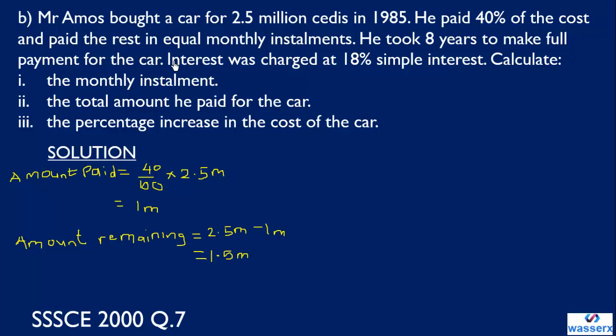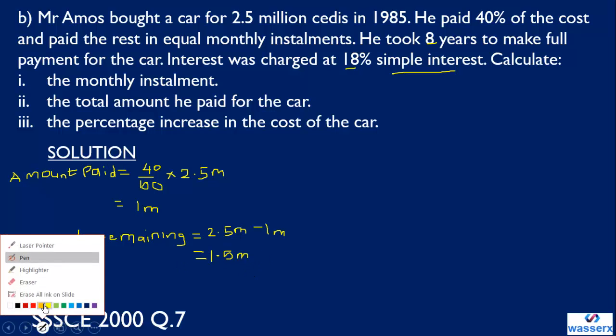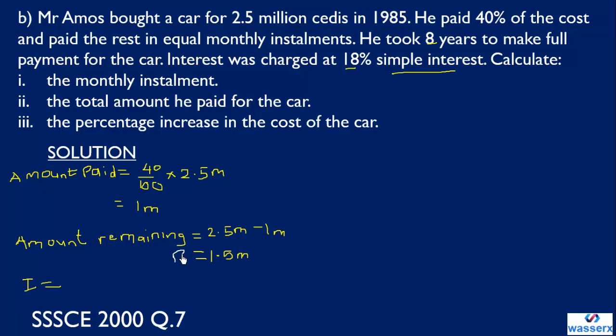So we need to calculate the interest at 18% simple interest. Then we can get the total amount you'll be paying after the initial payment. So we have this becoming our new principal. So our principal is equal to 1.5 million.